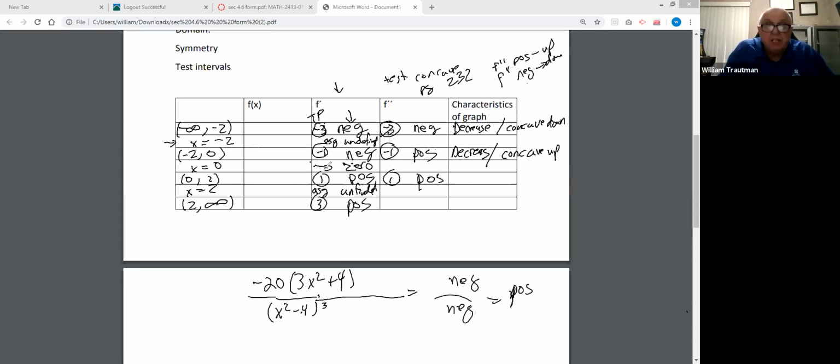So once again, this was a positive, so it's an increasing function. The slope is positive, so it's increasing, and it's a positive second derivative, so it's concave up. And finally, my test point 3.